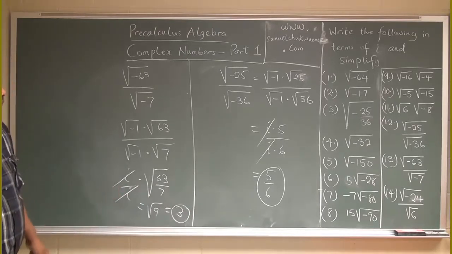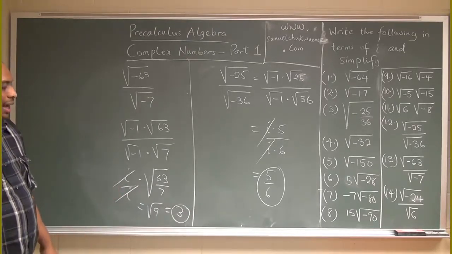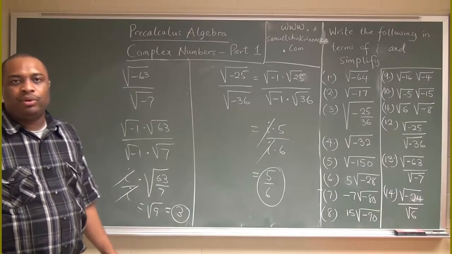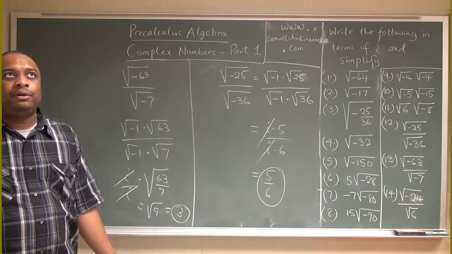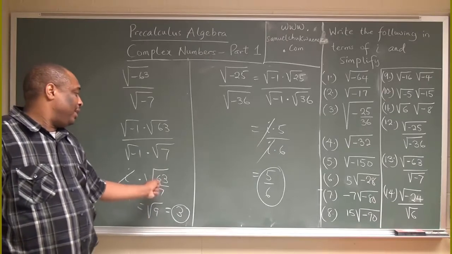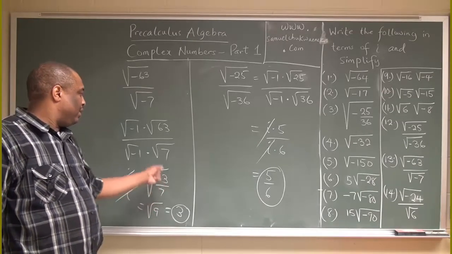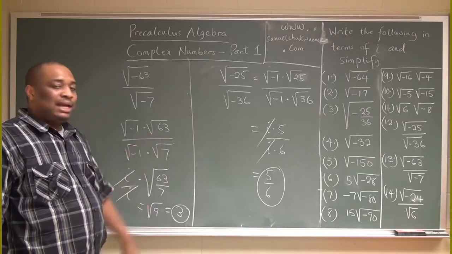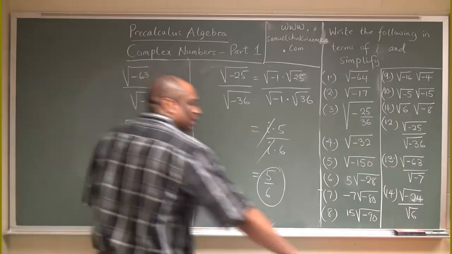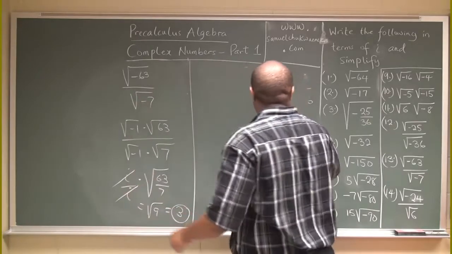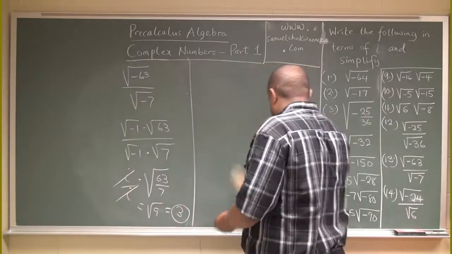Yeah, because you can't simplify square root of 7, and even for 63 you can. Another way you can do it is to do 9 times 7. Let me show you another way you can do this question. There are so many ways you can do it.